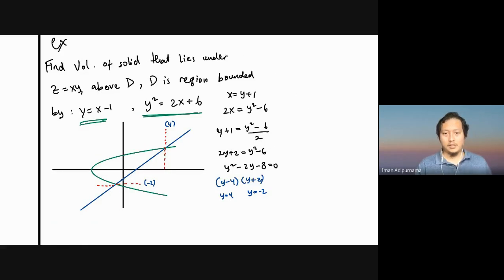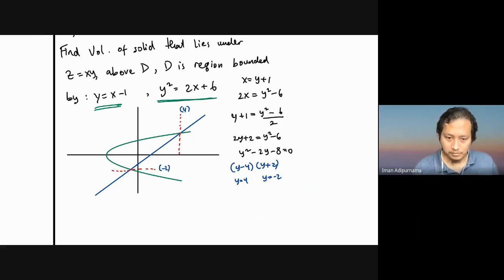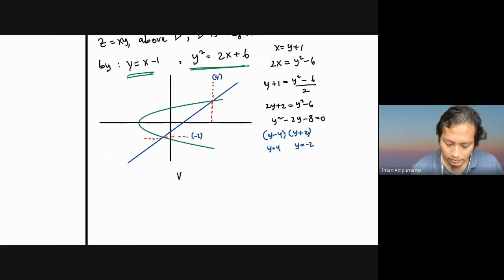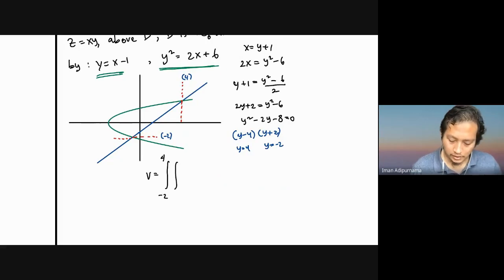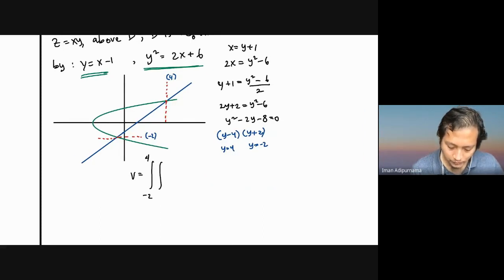Okay. Now this is y, so of course the volume will be from -2 to 4, and then this is from the equation of x: y squared minus 6 divided by 2 up until y plus 1.